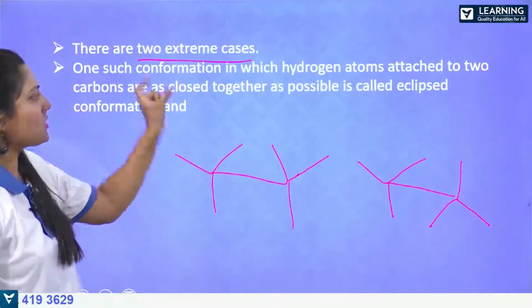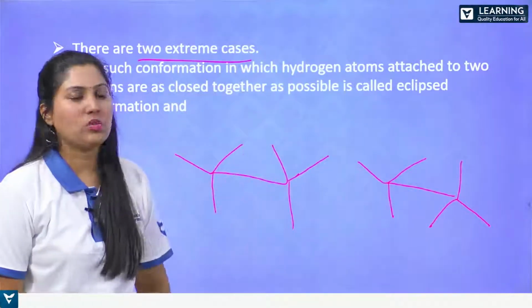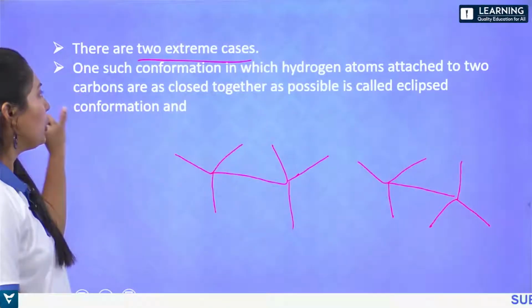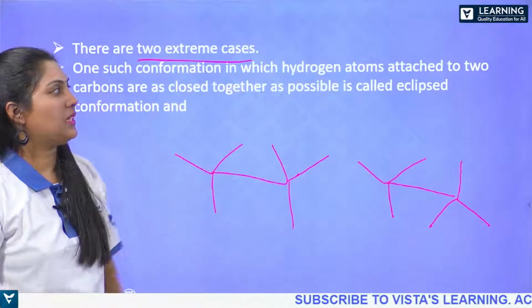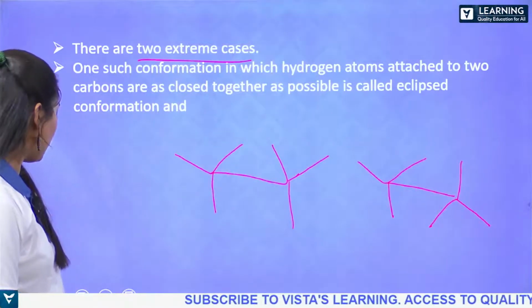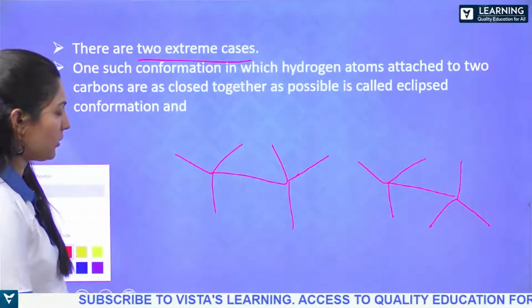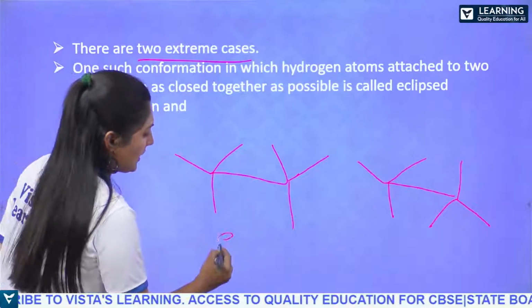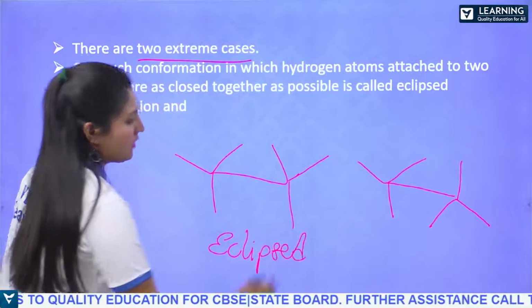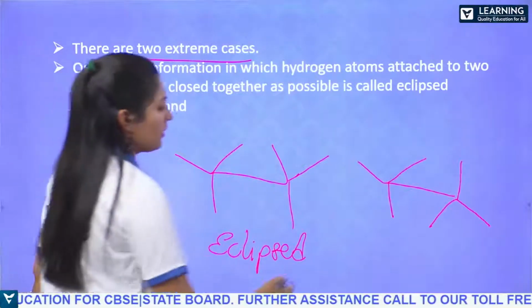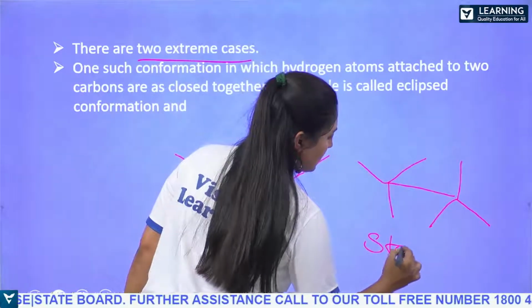One such conformation, in which the hydrogen atoms attached to the 2 carbon atoms are close together, is called the eclipsed conformation. Whereas the other one is called staggered.